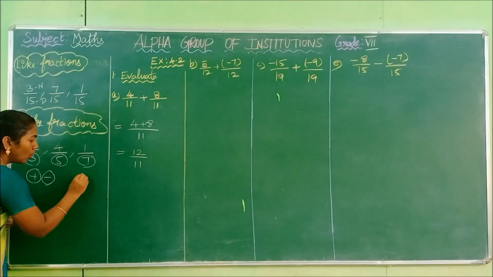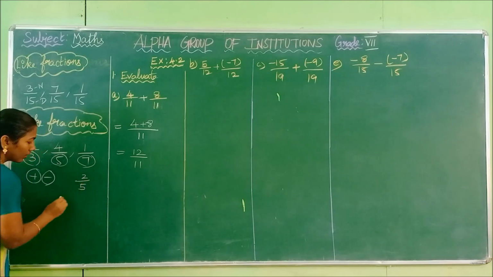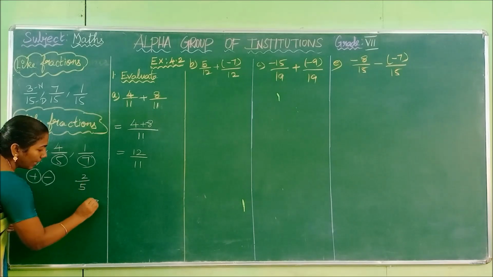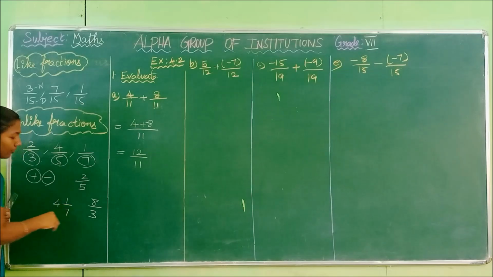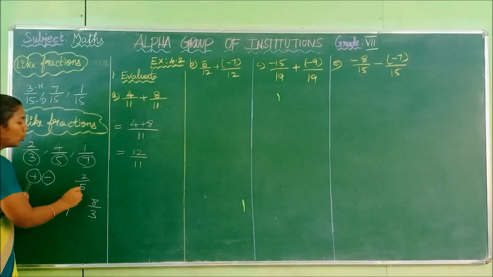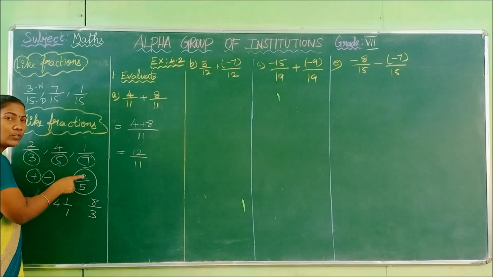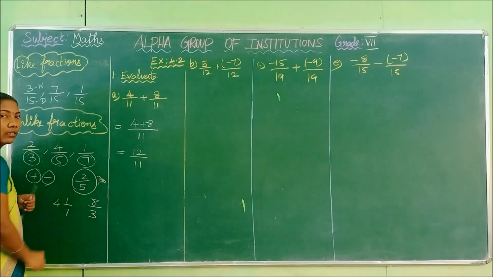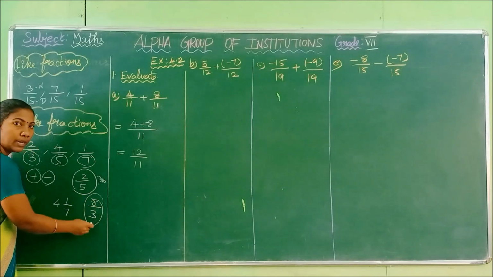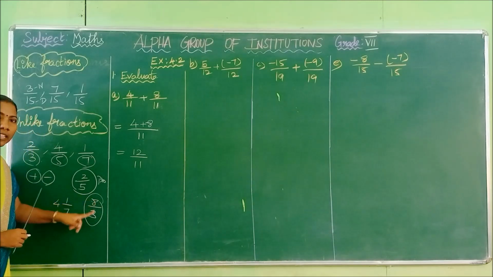See here, 2 by 5, and then 8 by 3, and 4, 1 by 7. Okay, see here, 2 by 5. 2 is smaller than 5. It is a proper fraction. See here, 8 by 3. The numerator is bigger than the denominator.